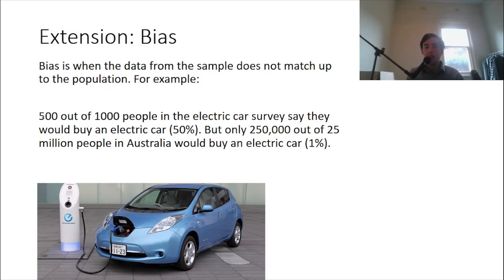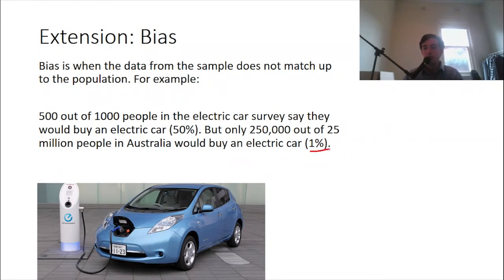Let's say 500 out of 1,000 people in the survey, so you got your 1,000 people, they all answered the survey, and 500 of them say that they would buy an electric car if the company made one. Right, so that's 50%. But let's say in reality, only 250,000 out of 25 million people in Australia would buy an electric car.